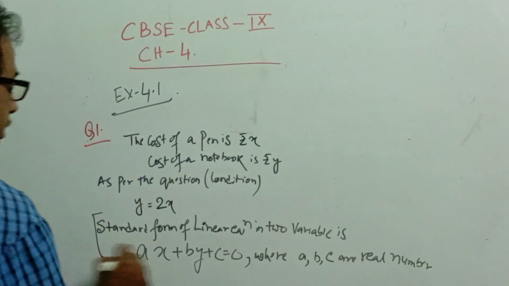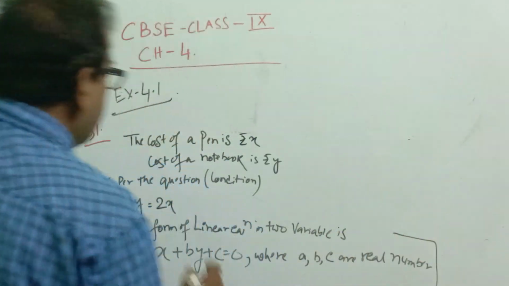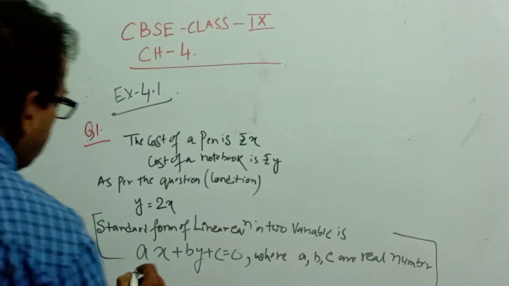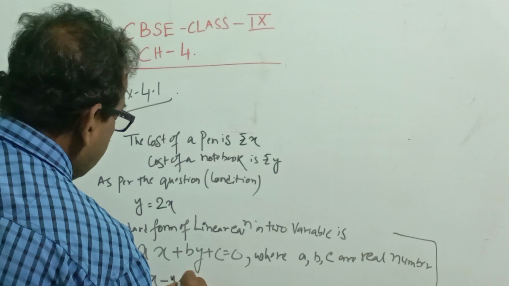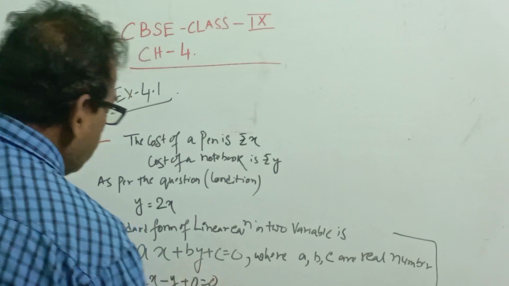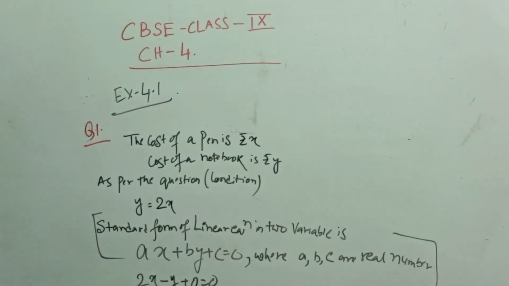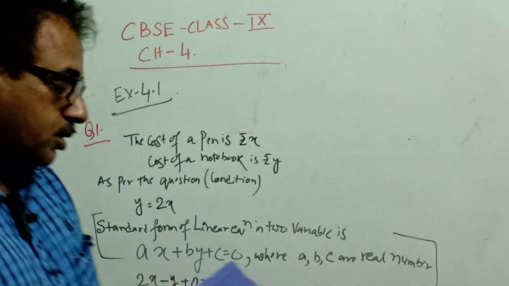You have to write down these things. Now this equation is 2x minus y plus 0 is equal to 0. Now this is the equation.